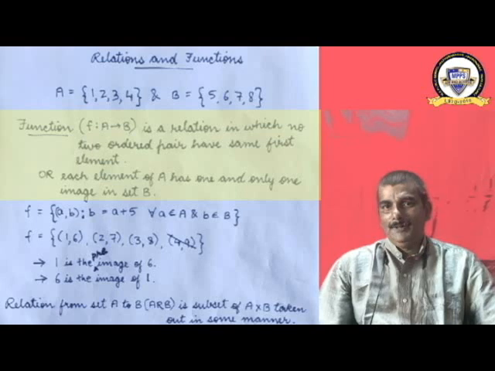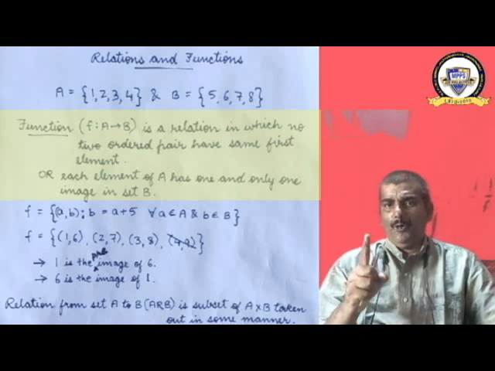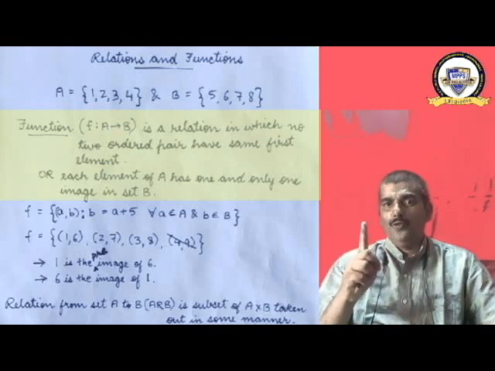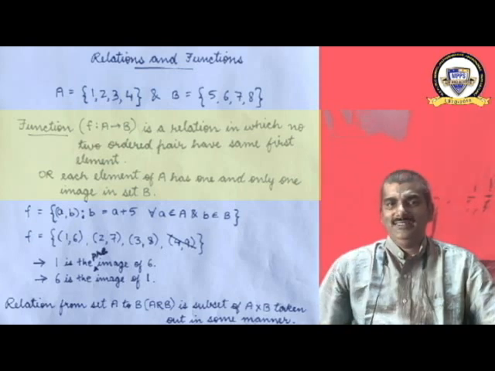That means each element of A has one and only one image in set B. There should be one and only one image in set B. The person who is standing at the bus stop, if he wants to go to Delhi, he cannot catch the bus for Trivandrum.